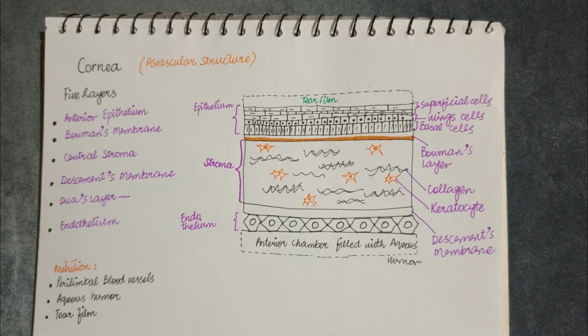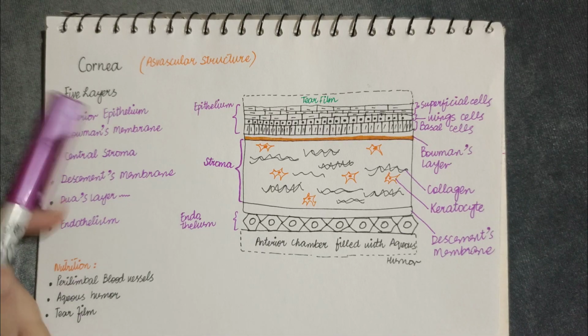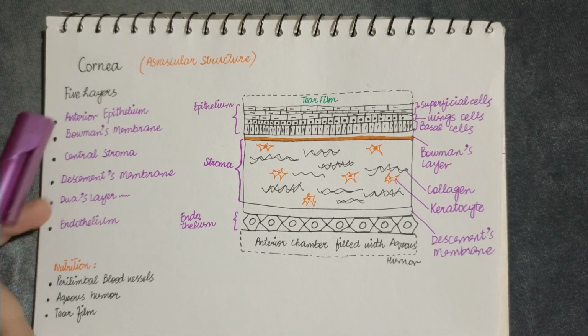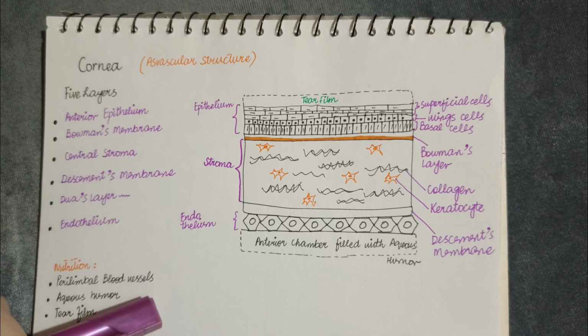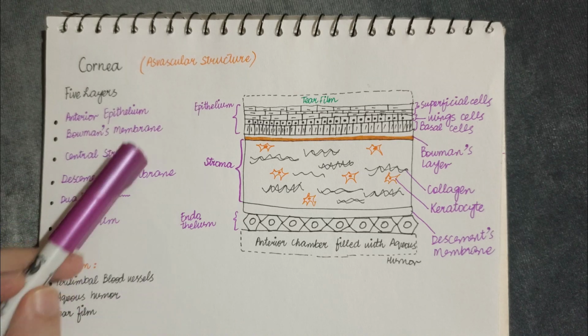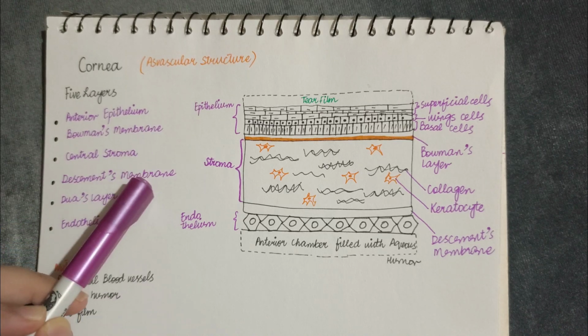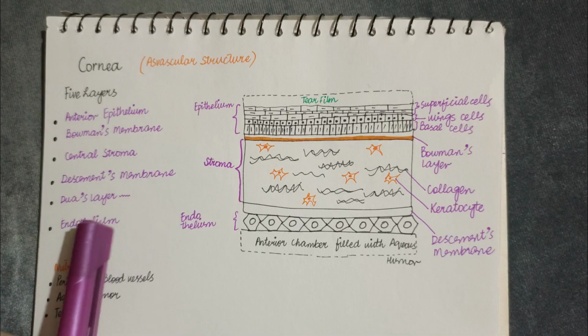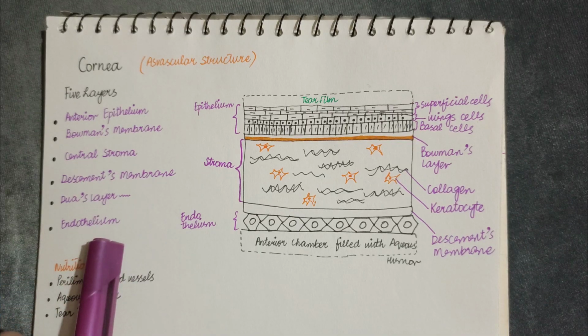And now we are going to discuss a tip to memorize the layers of cornea. Cornea consists of five layers. First layer is epithelium layer, second layer is Bowman's membrane, third layer stroma, fourth layer Descemet's membrane, and fifth layer endothelium layer.